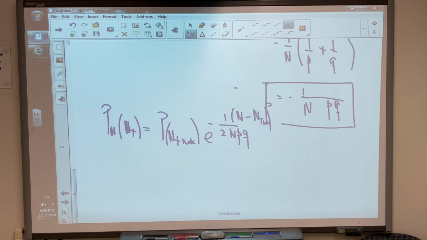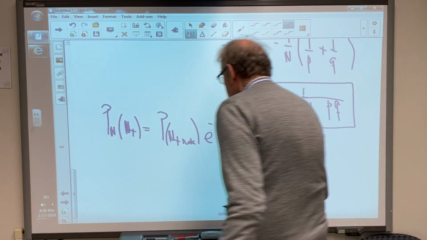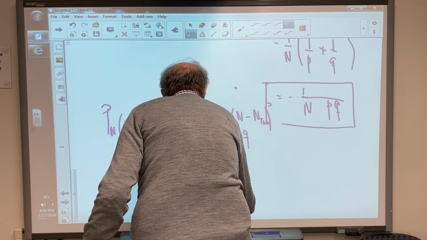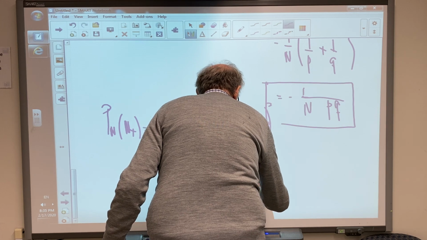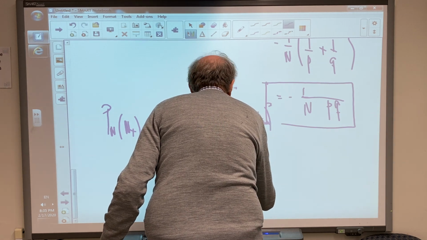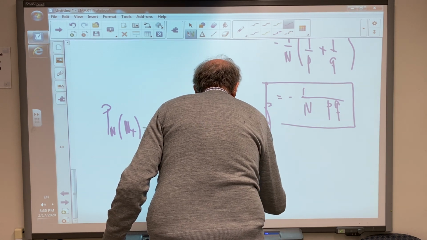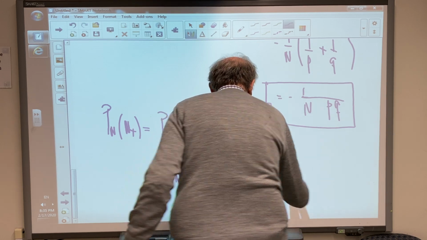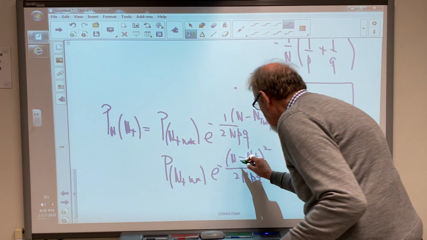That's the distribution. Where n plus maximum is np. So P of n plus is e to the minus (n plus minus np) divided by npq, and this goes squared. There you have it. Did I write it correct? N plus, sorry. It's the variable.